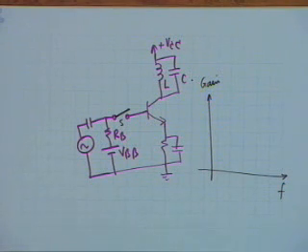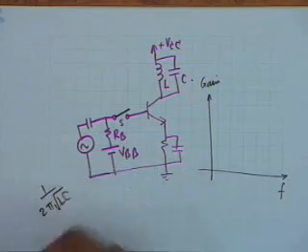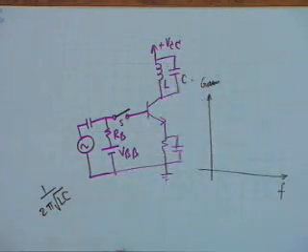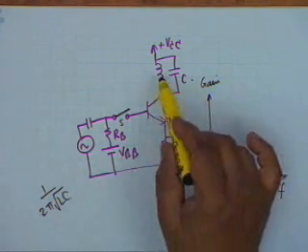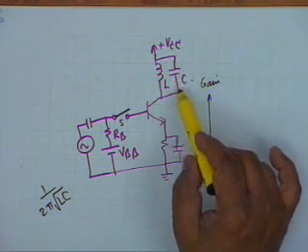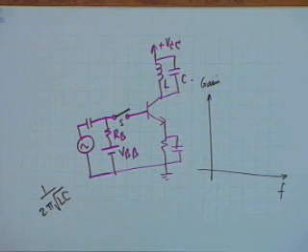What is the resonant frequency? 1 by 2 pi square root LC. At this frequency, the load has the highest value. Ideally, it should be infinity, but because of resistance of the inductance and because of the parallel resistance of the capacitance, the effective load at resonance is less than infinity.